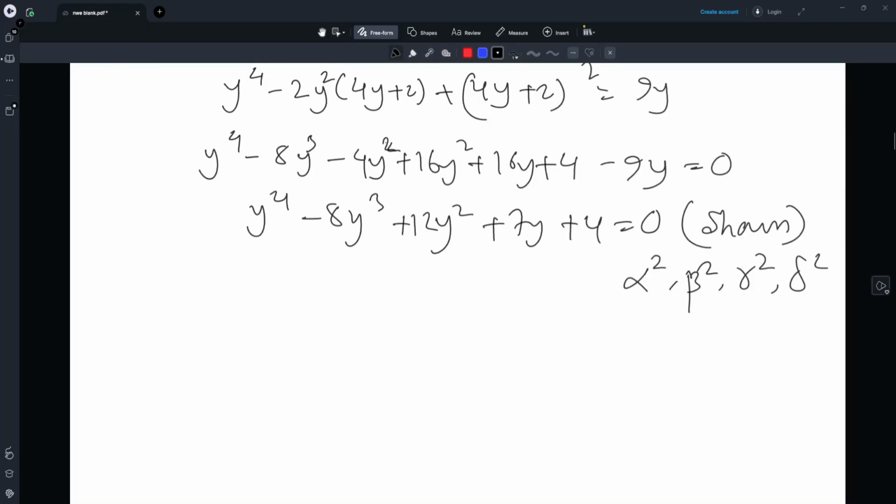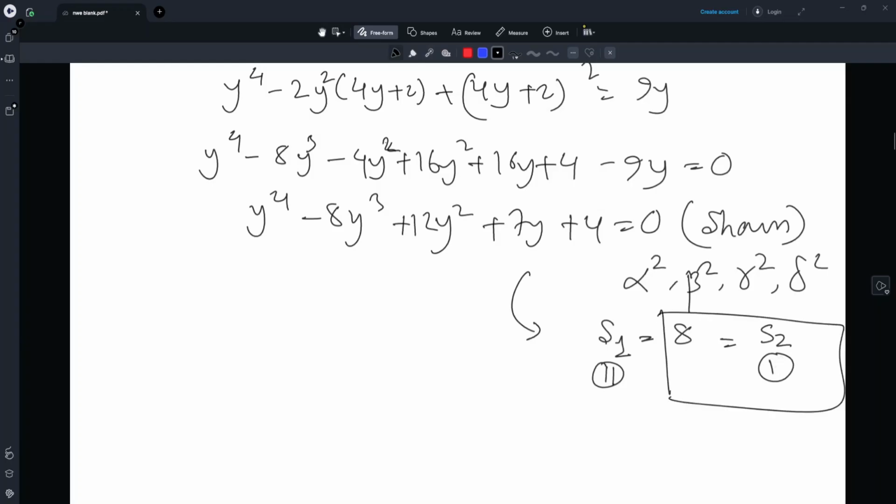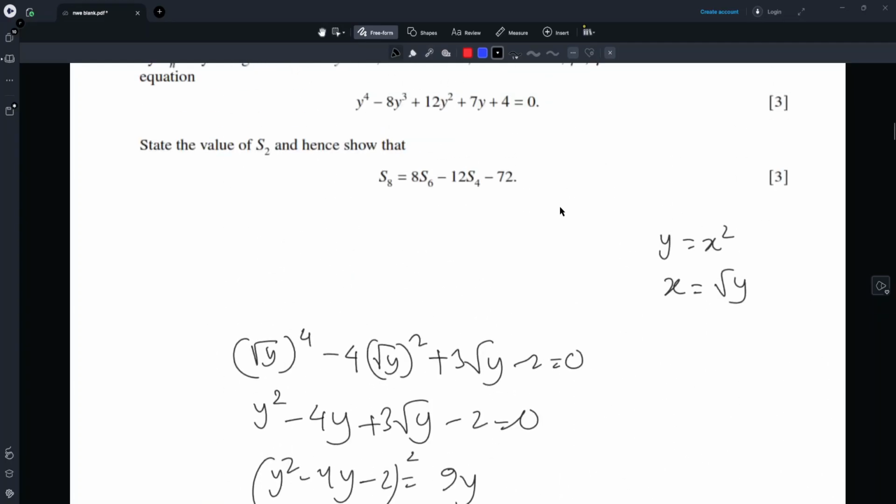Which means if I directly put S1 here, then I'm supposed to get this little guy right here directly. S1 of this equation is supposed to be minus b by a. So this is supposed to be my answer of S2.